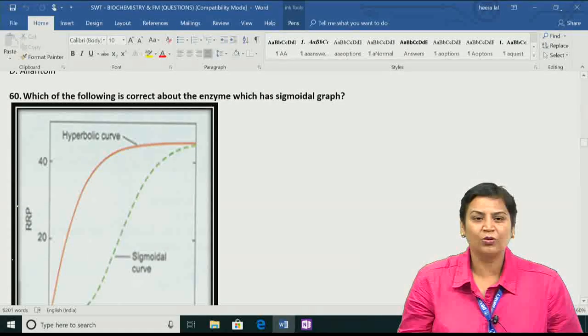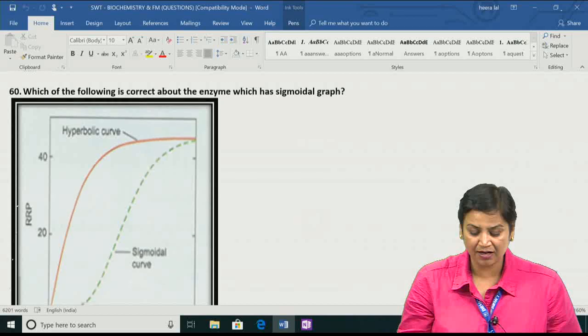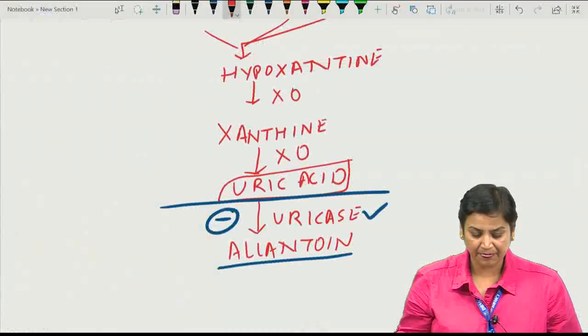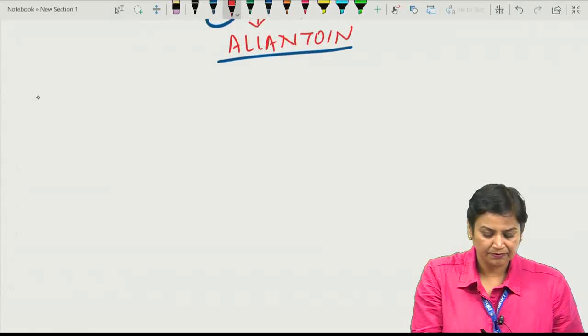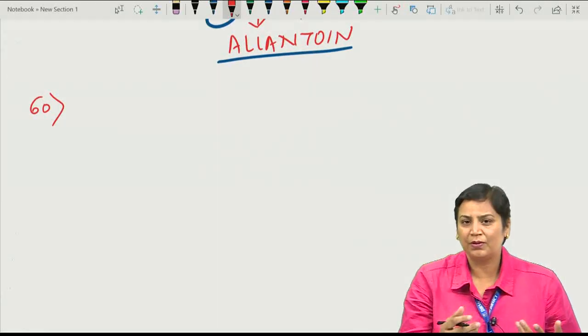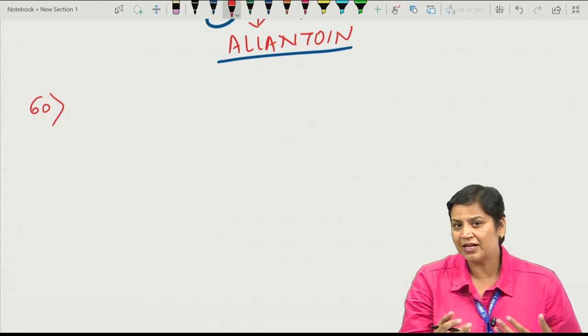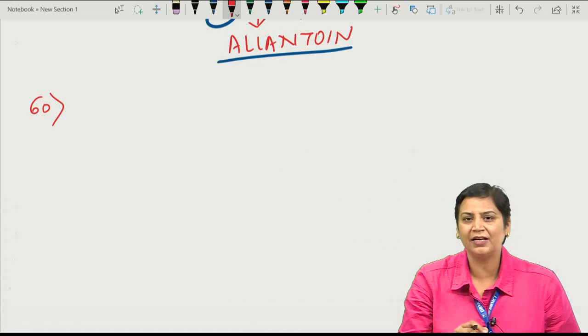Then next, which of the following is correct about the enzyme which has a sigmoidal graph? Now here, just now we discussed the effect of factors on the activity of the enzyme. We took pH, and I told you in pH and in temperature it has a bell-shaped graph.